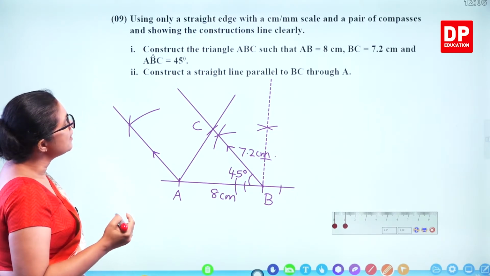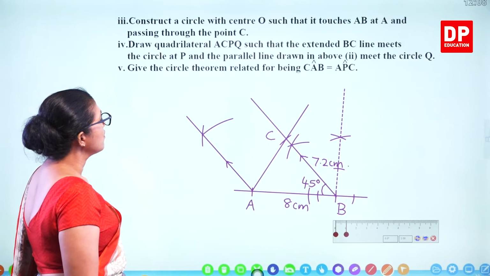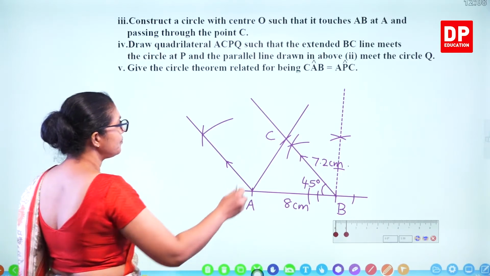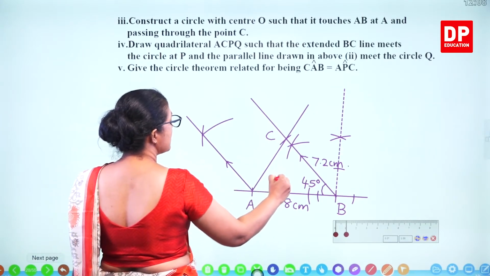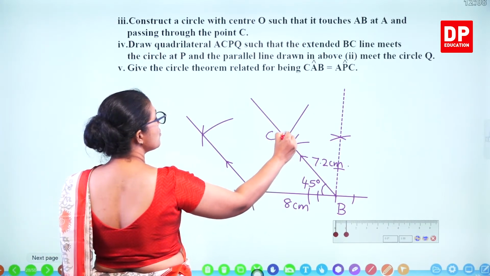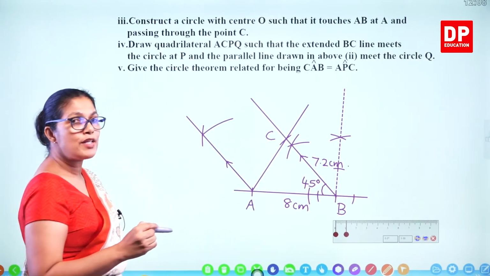Now we'll do the next part. Now we'll do the third part. Construct a circle with center O such that it touches AB at A and passing through the point C. So you are asked to draw a circle that touches point A and passes through C. So how do you find the point O?